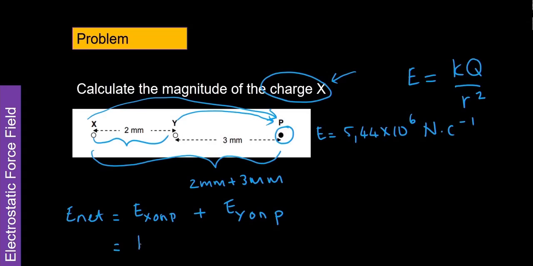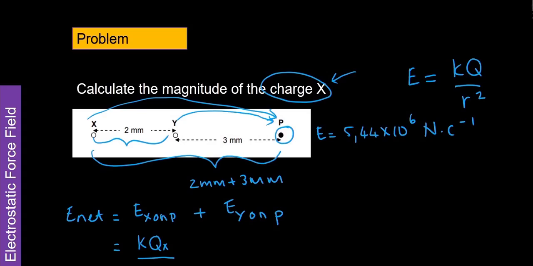It's going to be kQ, and in this case it would be X, over the distance between X and P. And so that's going to be 5 millimeters. But now we can't work in millimeters, we need to work in meters. So we need to change that into meters.